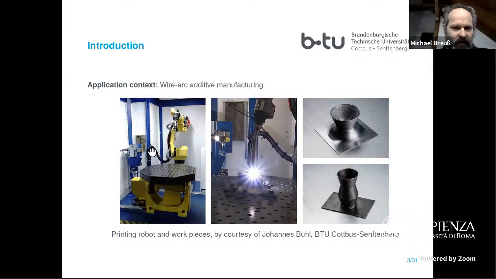We see here on the left the robot. The robot has a wire in it which is melted at very hot temperatures, several hundred degrees, and then put on this manufacturing plate. So you can put together pieces of material.